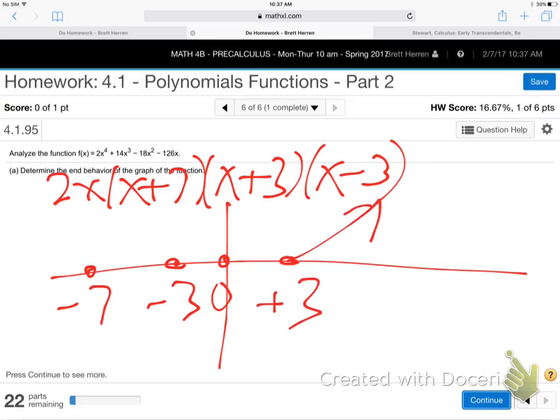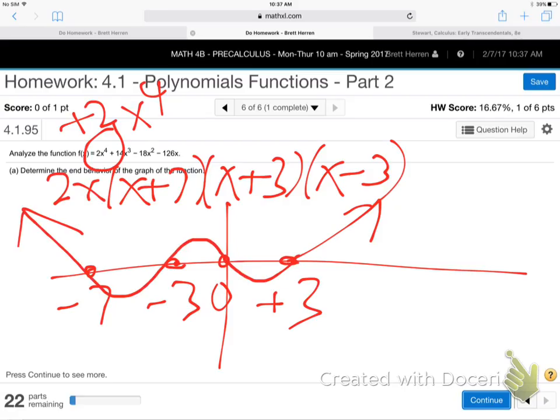And it's going up to the right, because the end behavior is positive, 2x to the 4th. So up to the right, pass through, pass through, pass through, pass through. Generally, that's what the graph looks like. No bouncers, all passing through. Notice there are 3 turning points. It's x to the 4th, 3 turning points at most. It has 3 turning points.